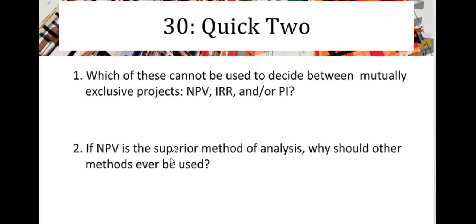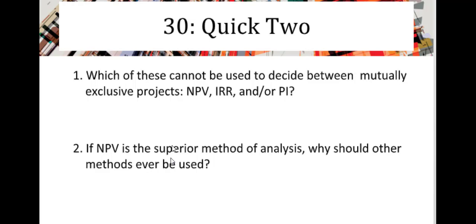Modified internal rate of return tries to overcome the limitations of IRR by modifying the cash flows to make them conventional. But since you are modifying cash flows, you are not taking the original cash flows, so it has its limitations, but it is better than internal rate of return when the cash flows are non-conventional.